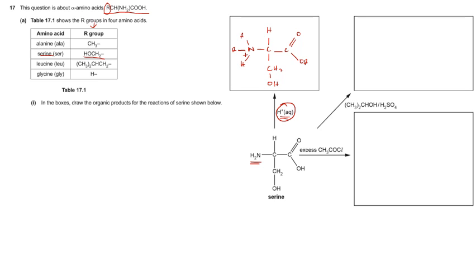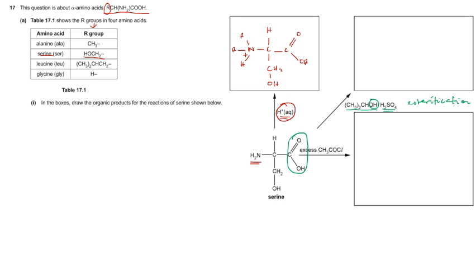And in our second reaction, the top right hand one, let's have a look at what we're reacting our amino acid with, and we see we've got an alcohol because we've got a hydroxyl group here, and we've got a sulfuric acid catalyst. Right, so we think about esterification, because we've got an acid group here that's going to react with the hydroxyl group on our alcohol with an acid catalyst to make an ester.